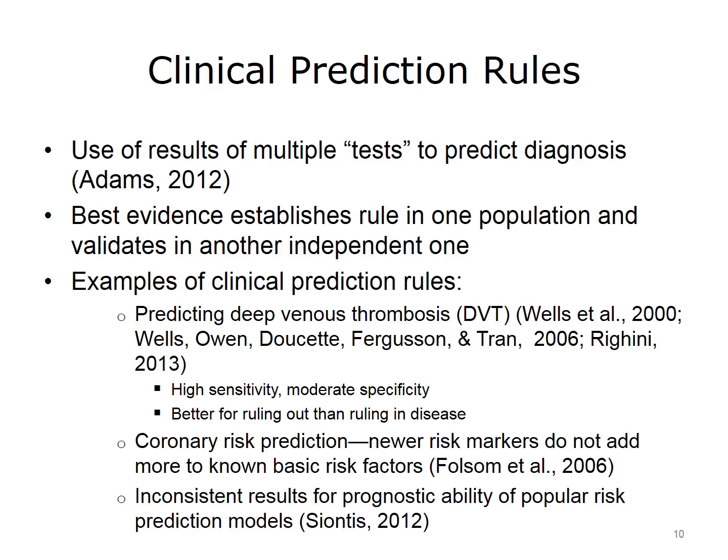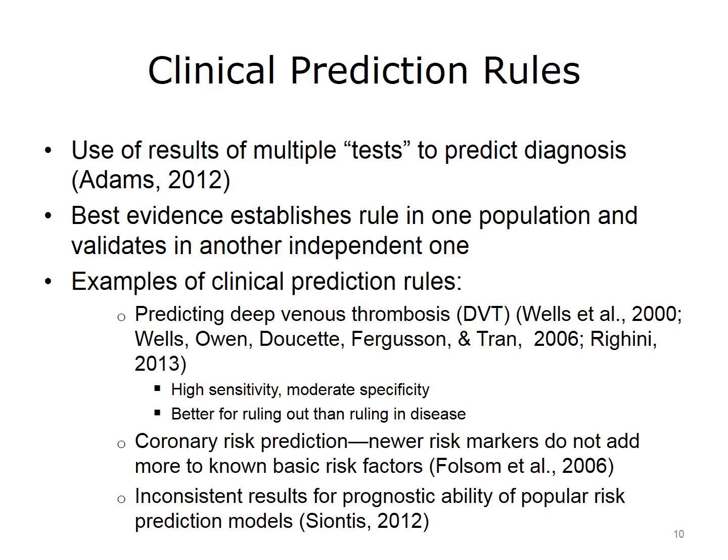There are many other areas where clinical prediction rules have been applied. One study looked at predicting coronary artery disease by looking at all the different so-called markers that have been proposed for coronary artery disease in recent years. Interestingly, this study found that none of these newer risk markers add more to known basic risk factors, such as cholesterol level, family history, hypertension, and diabetes.